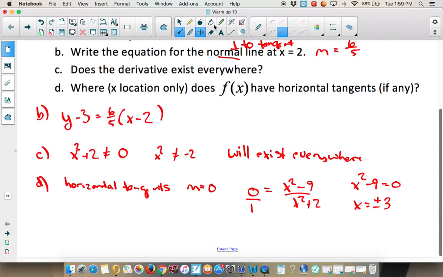I'm going to make a little side note, because sometimes I ask for the x location only, where all I have to do is set the numerator equal to 0. But it is possible that I ask for the location of a horizontal tangent.